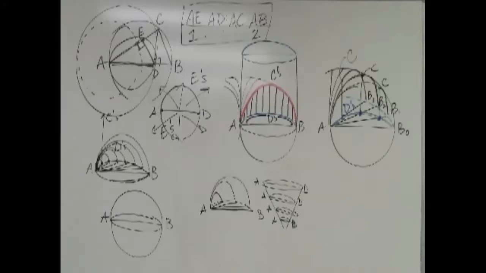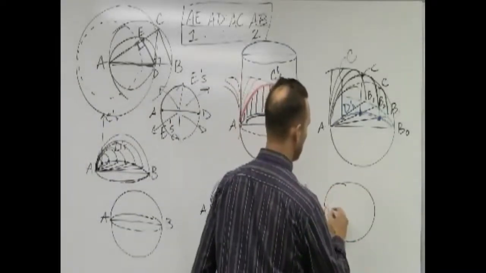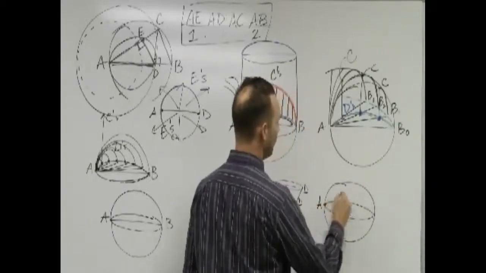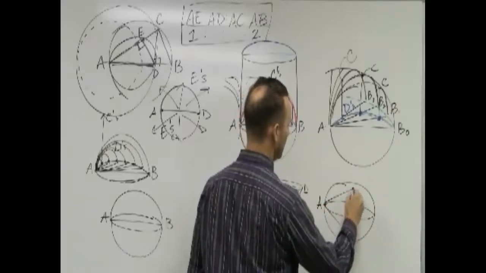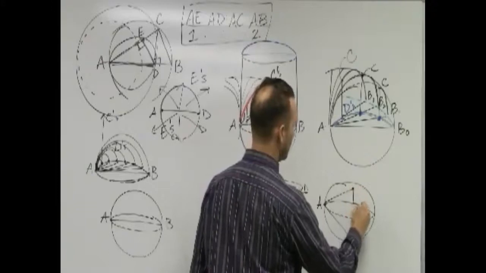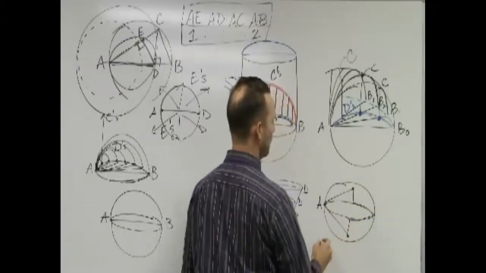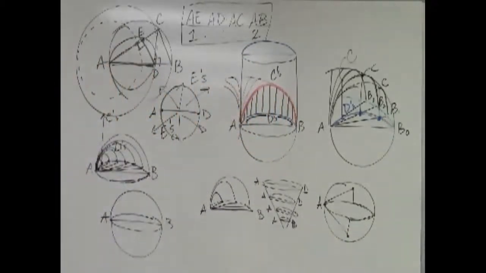No matter if you have a fixed point on the sphere, let's say A is the fixed point, no matter which point I take on the sphere, any point I take on that sphere has a line from A to that point, and if I took a knife and sliced it, every single slice I make is going to give me a circle.